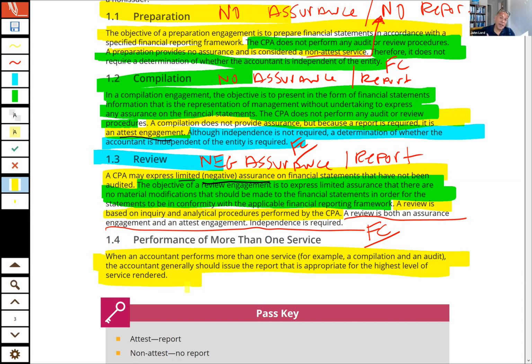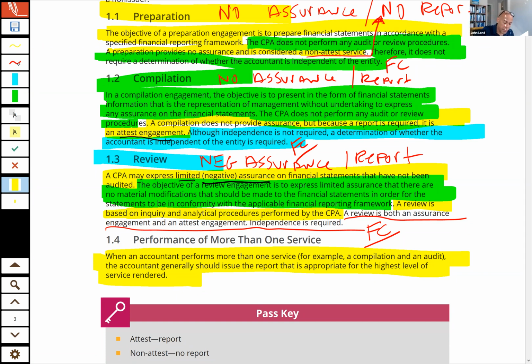But since I then went further beyond just looking at their cash disbursements, cash receipts journal, putting things into a general ledger format, I went further and then confirmed accounts receivable. I went and confirmed with the bank statements. I checked for unrecorded liabilities, all those things you do in an audit. So the report that we issued in that engagement was an audit report, even though we also did a preparation.